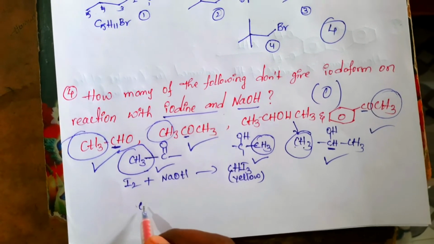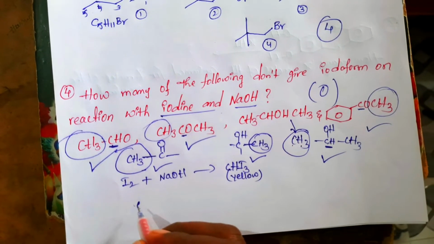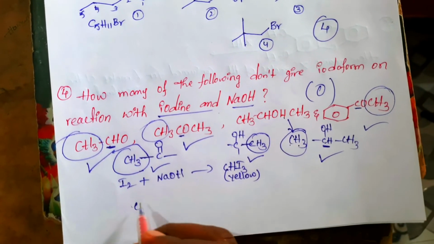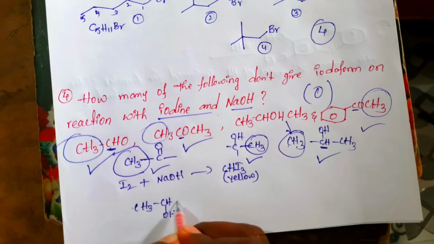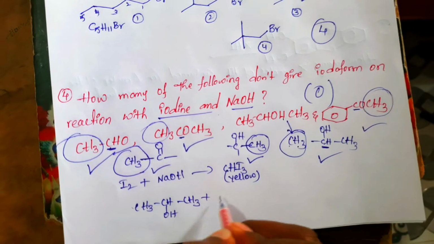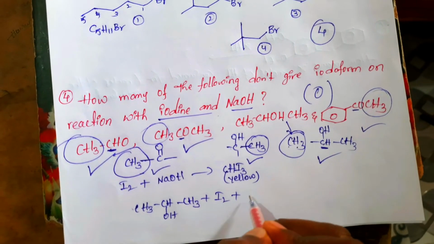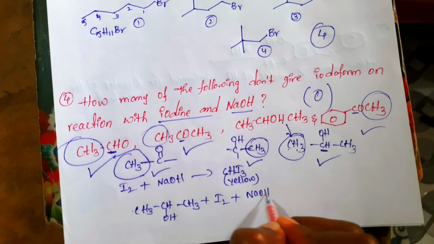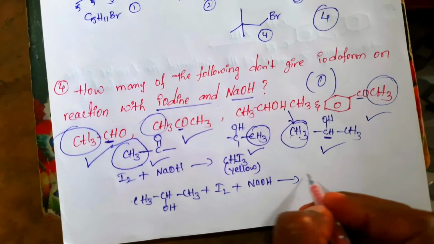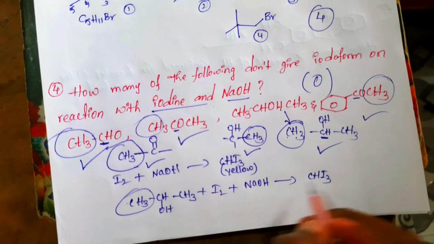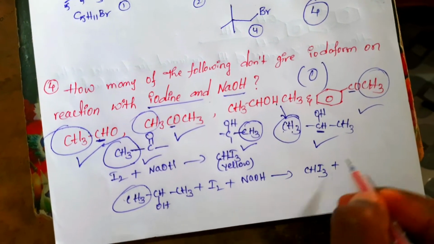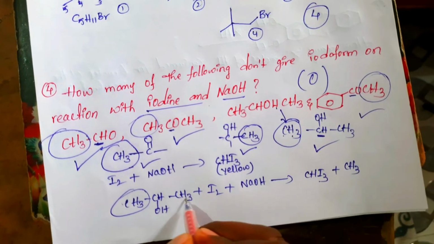You can take a simple example here, a secondary alcohol, CHOH, reacting with iodine. This iodine is an oxidizing agent which oxidizes the alcohol. First iodoform, CHI3, will be formed, and the remaining methyl will stay as it is.